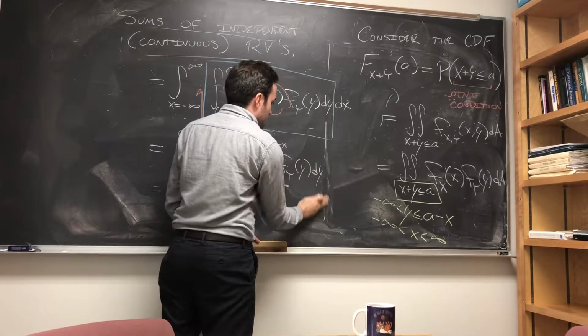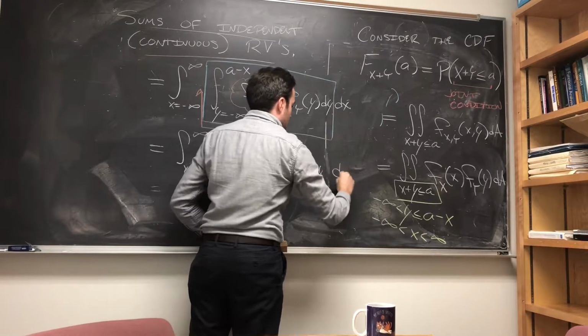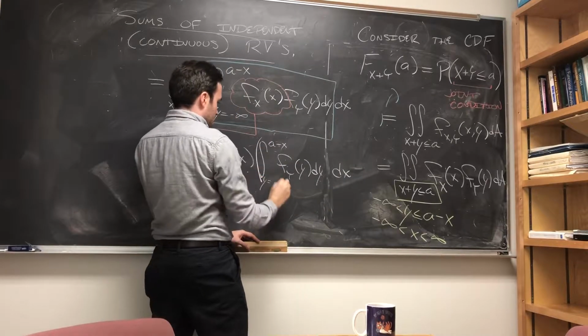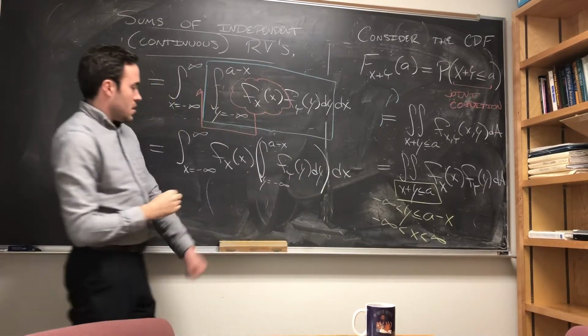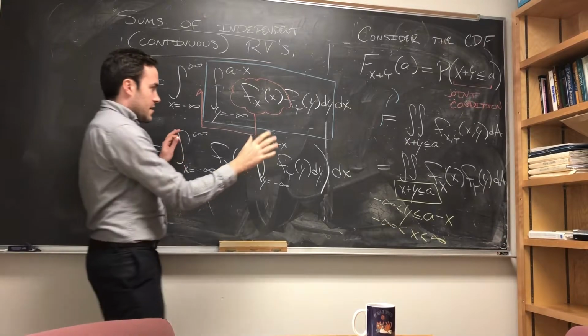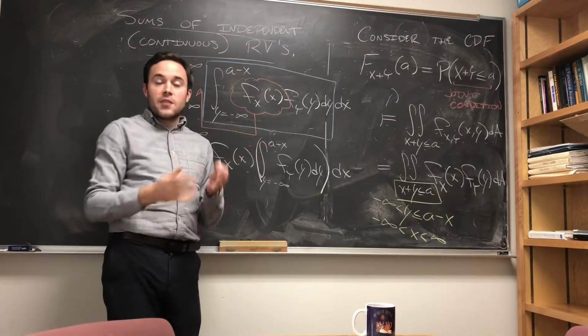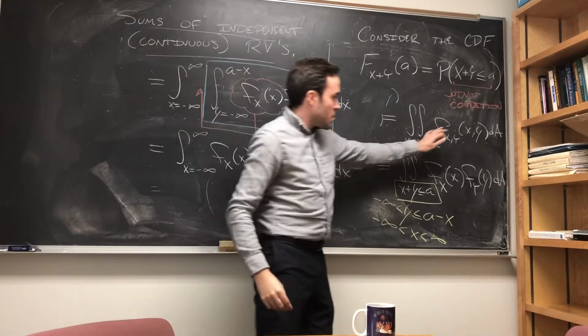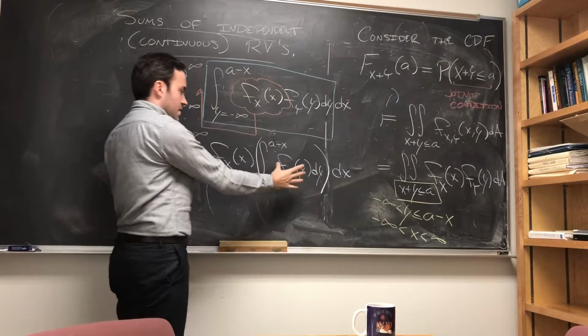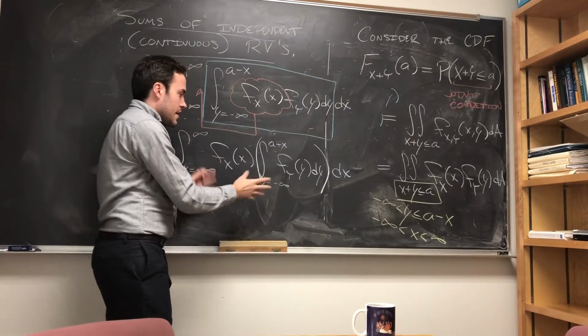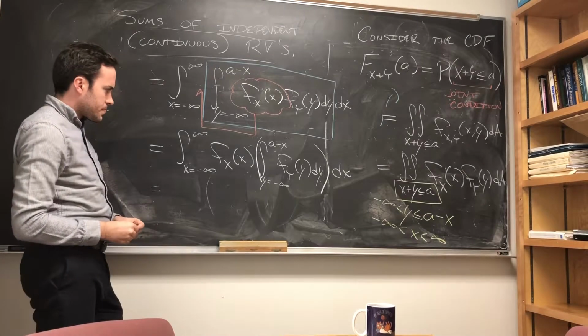And now the only thing we're missing is our dx outside of everything. So we really have this. The fact that our two random variables are independent means that their joint PDF factors, and that means that we can really factor the integration as well. And that's what makes this so useful.